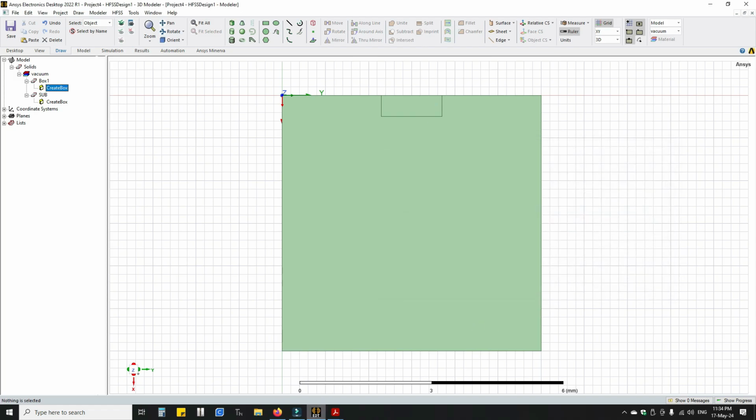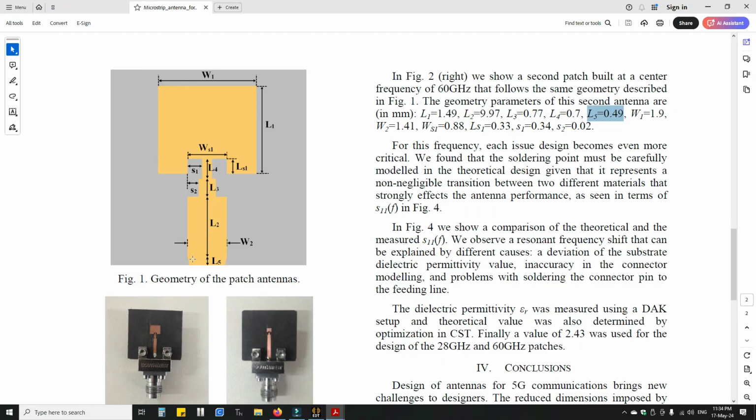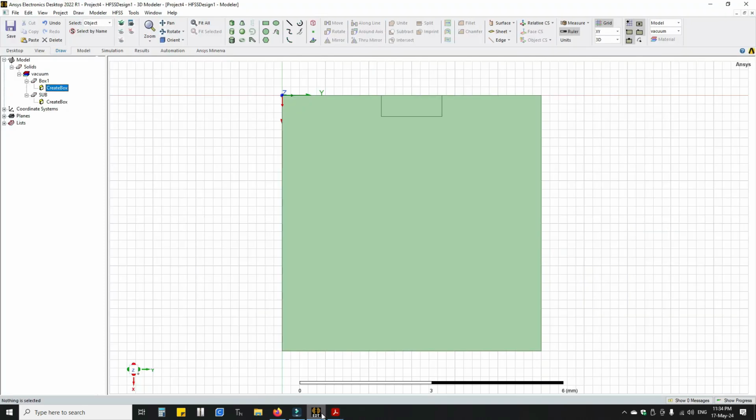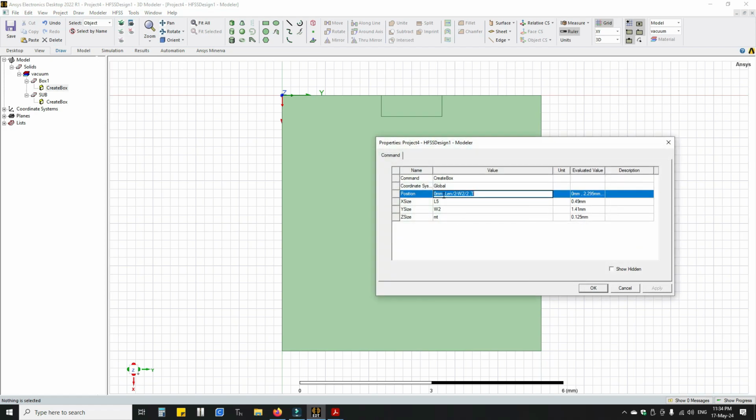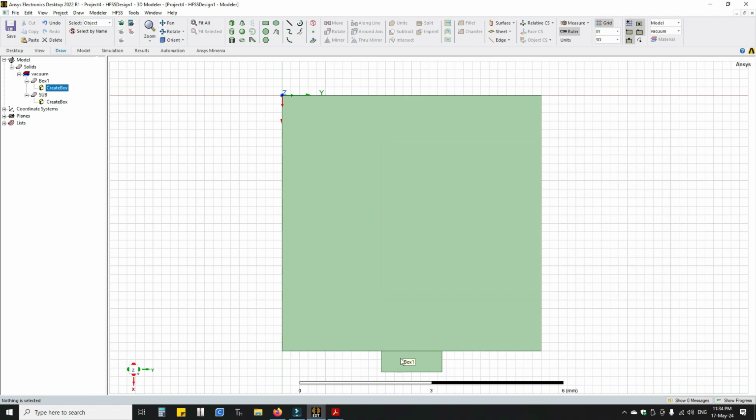But our intention is to place the bottom plate at the last portion of the substrate. For that, just simply add towards the x direction, start at substrate length. Now see, the bottom plate is placed starting from the end of the substrate.